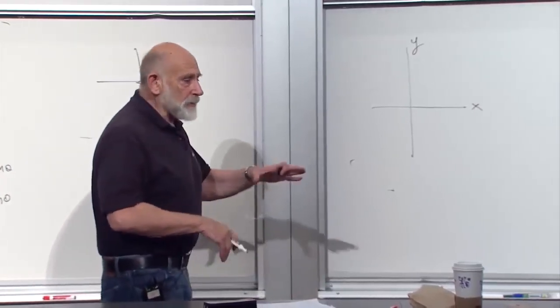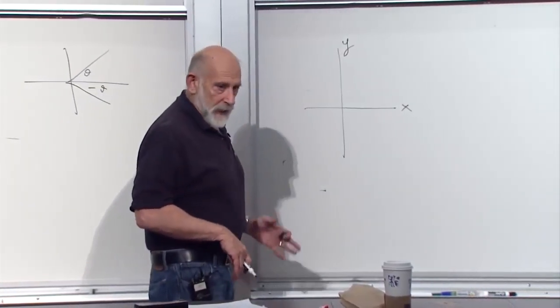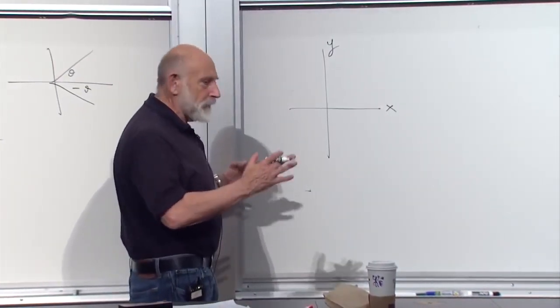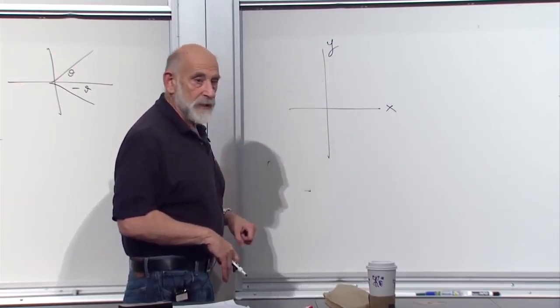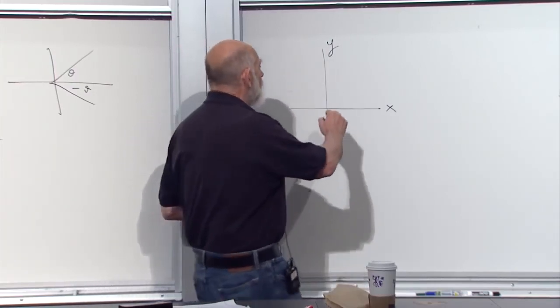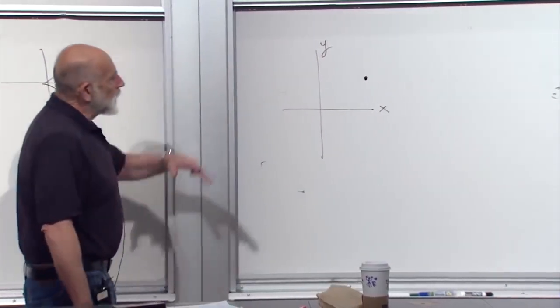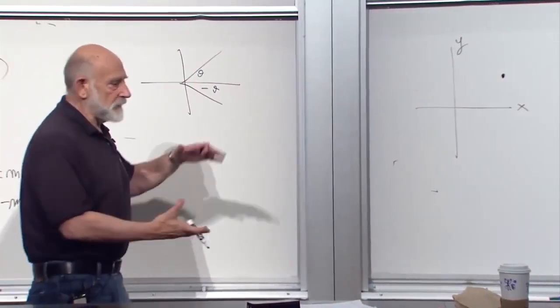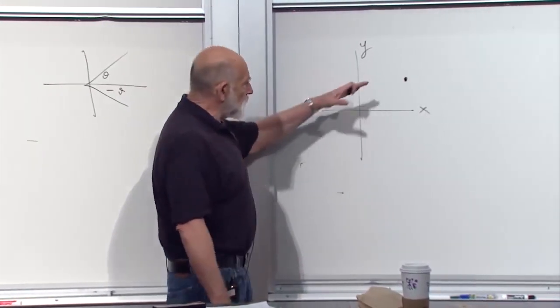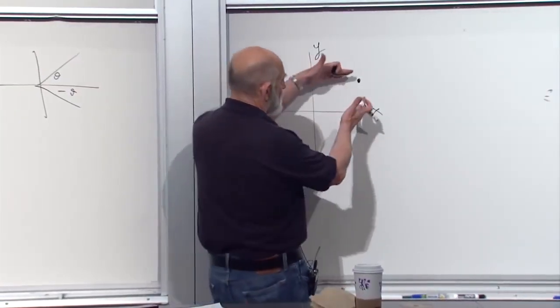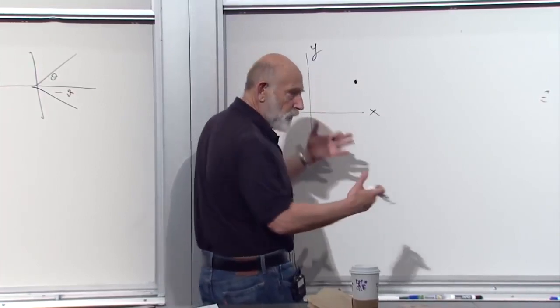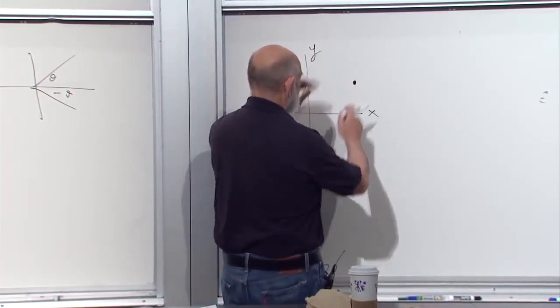And let's ask, what's the generator of rotation now? It's not ID, well, it may be ID by d theta, but we can represent it in terms of the xy coordinates. All right, so here's the position of the particle, let's say. Let's suppose we rotate the configuration. Rotating the configuration, whatever it happens to be, means whatever the particle is or whatever the wave function of it is, shift it.